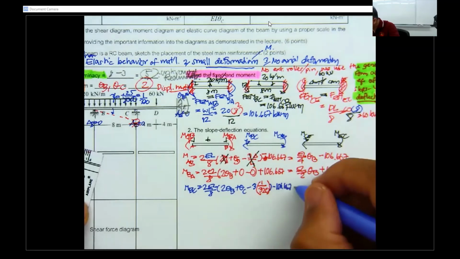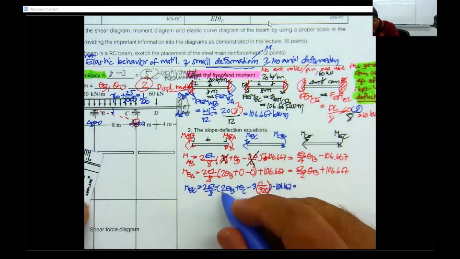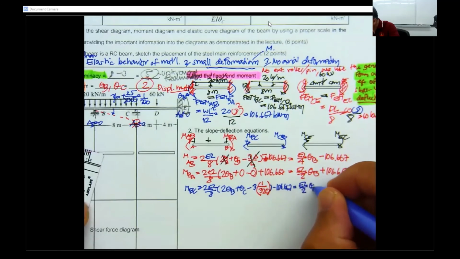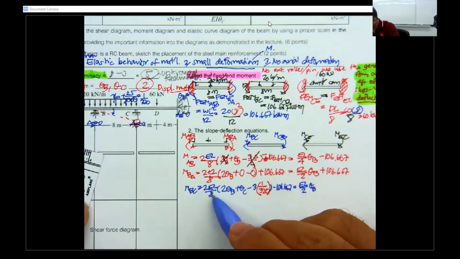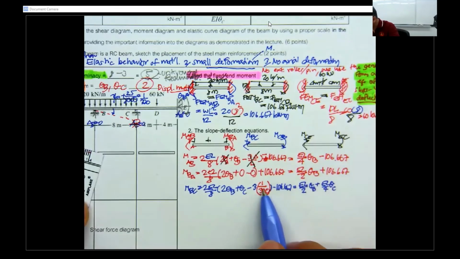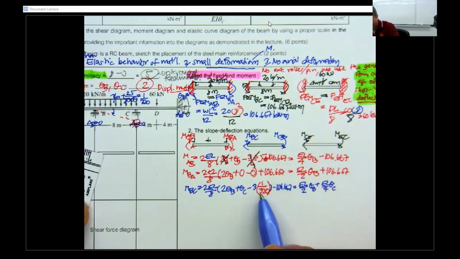And then if you put this one together, this is going to be 4 EI over L, that theta sub B. So EI over 2 theta sub B, 2 EI over 8 theta sub C, plus EI over 4 theta sub C. Now, this portion, you must times EI, that is going to be 20,000 times 3 divided by 320.